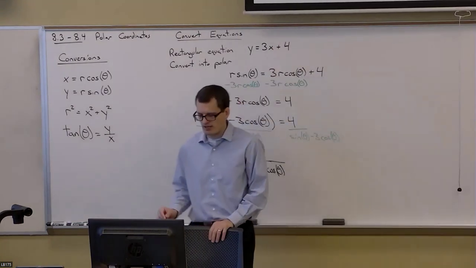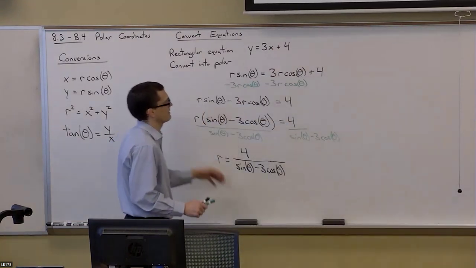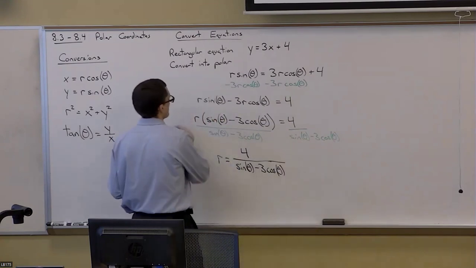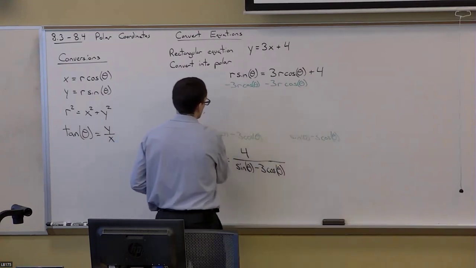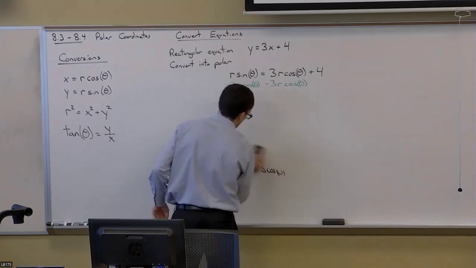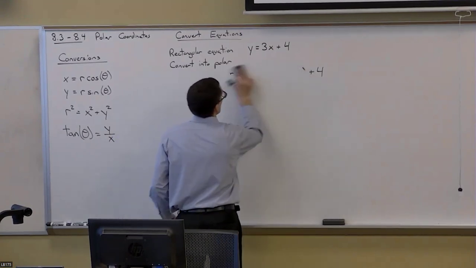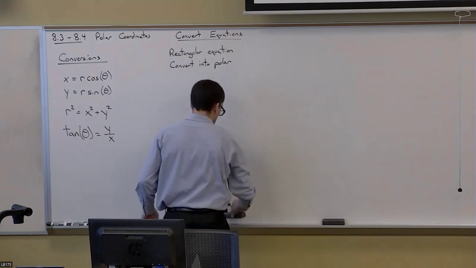Now, putting everything on one side and then factoring out the r, that's not the only way you can solve for r. There's a number of other ways you can solve for r as well. Let's do one of those.